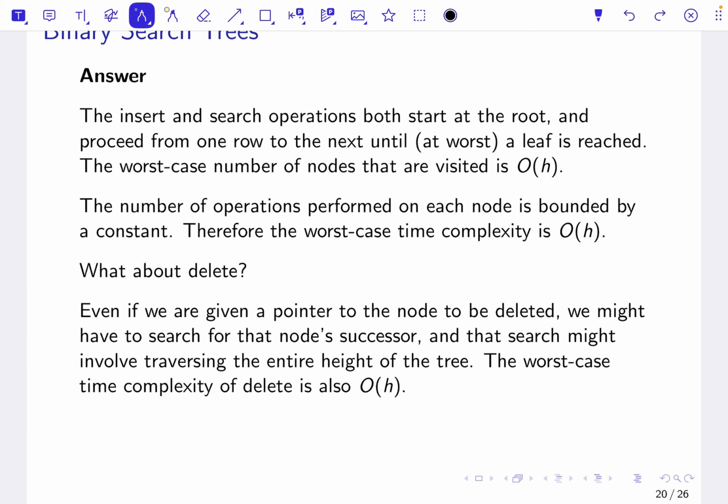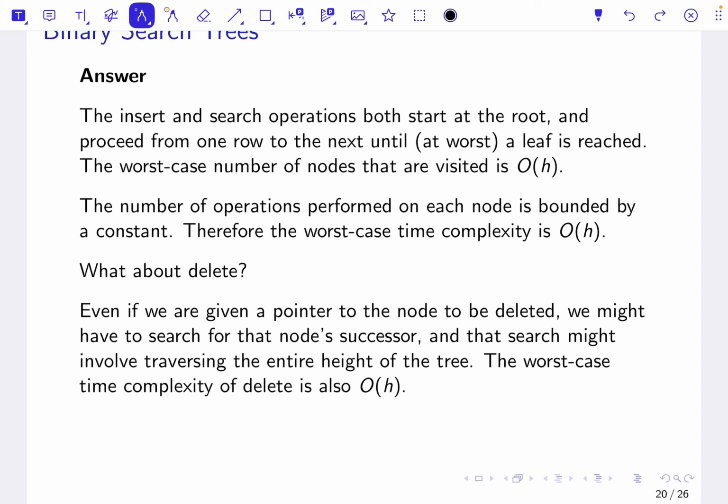So if we're given a pointer to the node to be deleted, that will improve the runtime of the algorithm some of the time. But you can't get around the need to search for that node's successor, and that search might involve traversing the entire height of the tree.